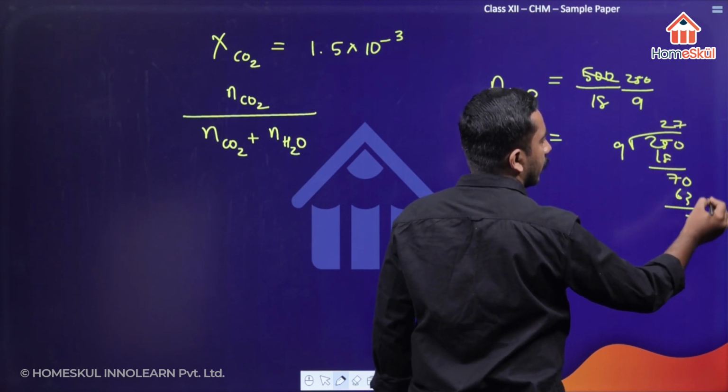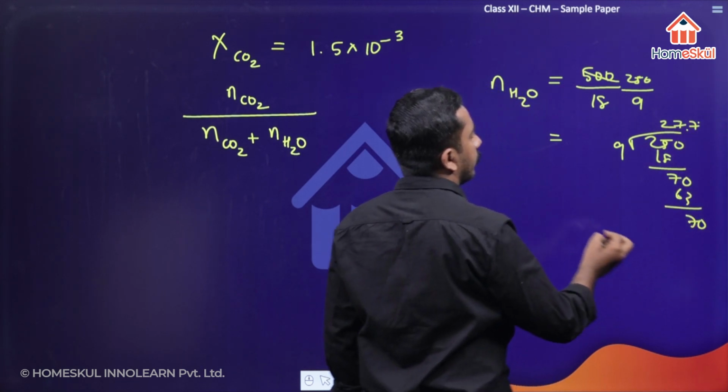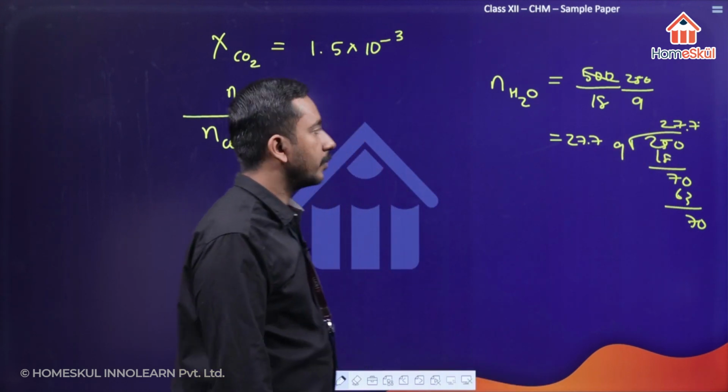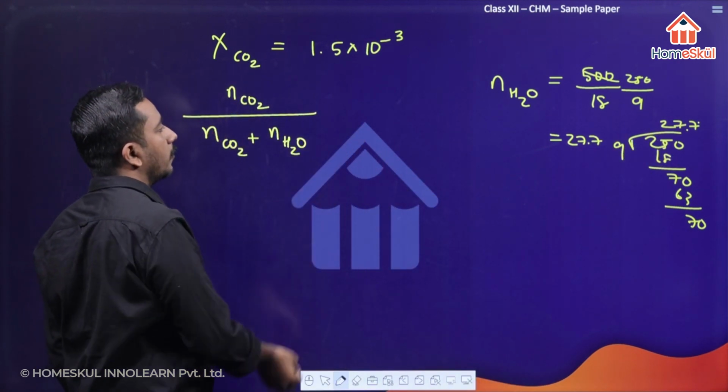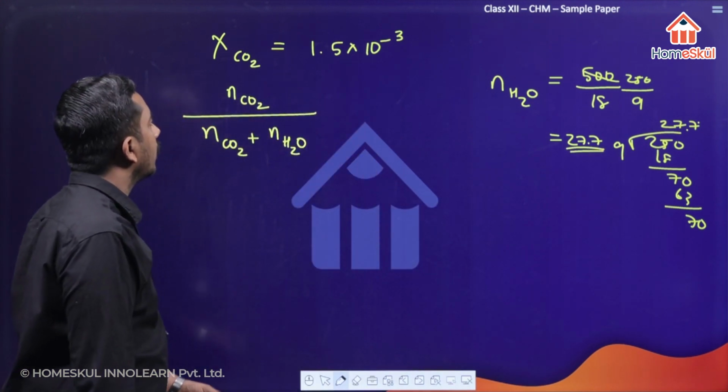That is approximately 27.7. Okay. So we have the number of moles of water obtained as 27.7 moles.